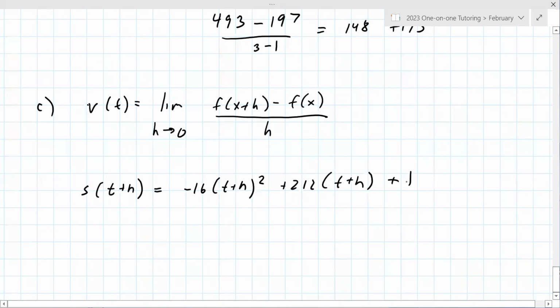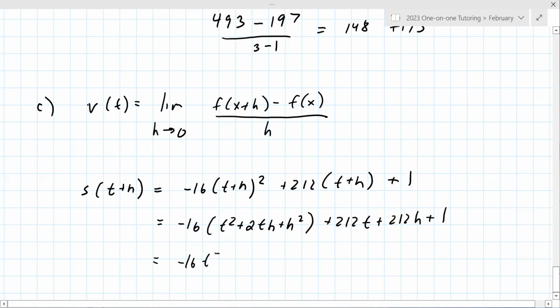So we have to simplify this. So minus 16 t squared plus 2th plus h squared, plus 212t plus 212h plus 1. Multiplying in here.